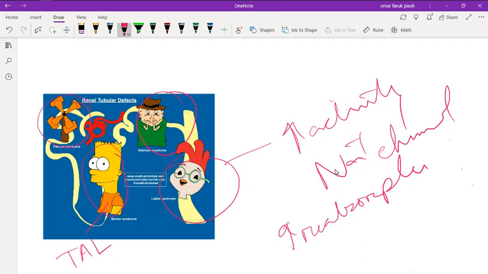Here there is metabolic alkalosis, hypokalemia, but there is hypertension and low aldosterone.